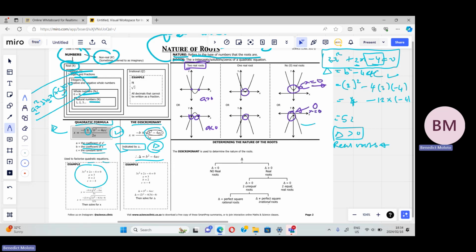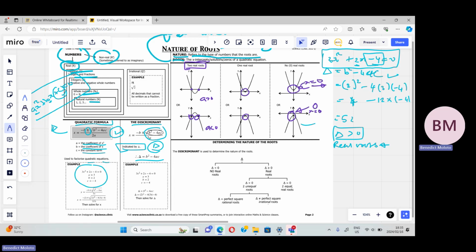You see, that is how we determine the nature of the roots. And remember, the reason why we say x-intercept is because your quadratic equation will always be given being equal to 0. Then from there, because it's equal to 0, that is why we say x-intercept, right?